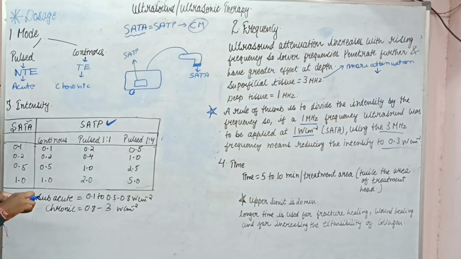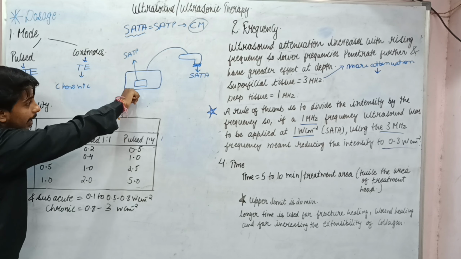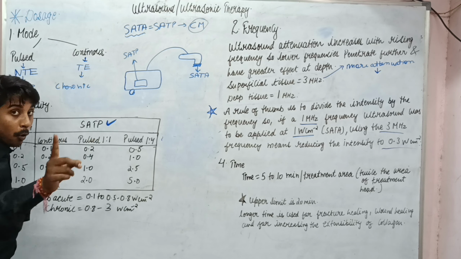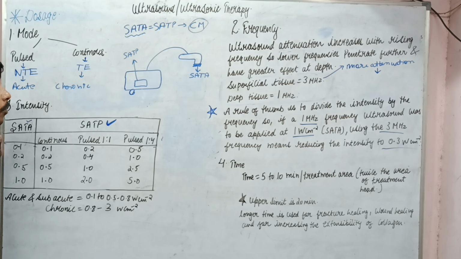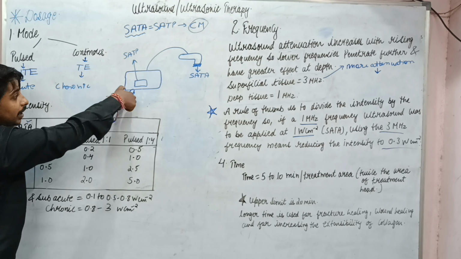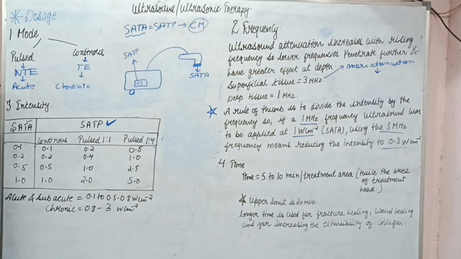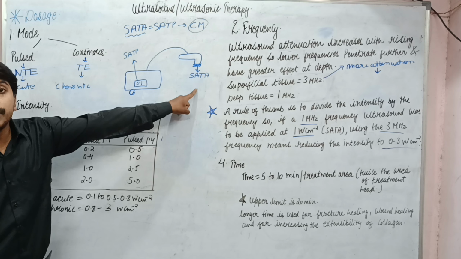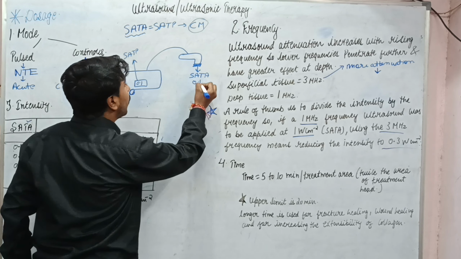Okay, so let us feel it by the practical part. I increased the intensity. Mode is, till now the mode is continuous. I am explaining for continuous mode. So I increased. The intensity is 0.1, which is SATP. And what intensity will be emitted by our transducer head? It will be also 0.1.